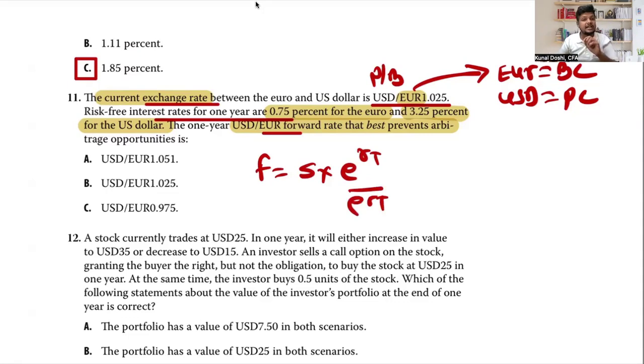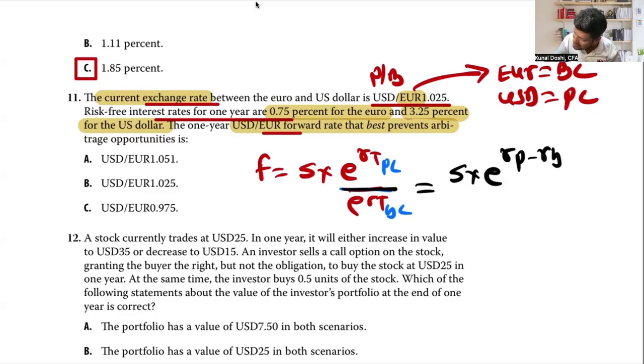Here, the rate of interest is always about the price currency divided by the rate of interest of base currency. You can compress the formula as spot into e raised to, the bottom goes, the denominator can go on the top. You can do e raised to rate of price currency minus rate of base currency for the time period.